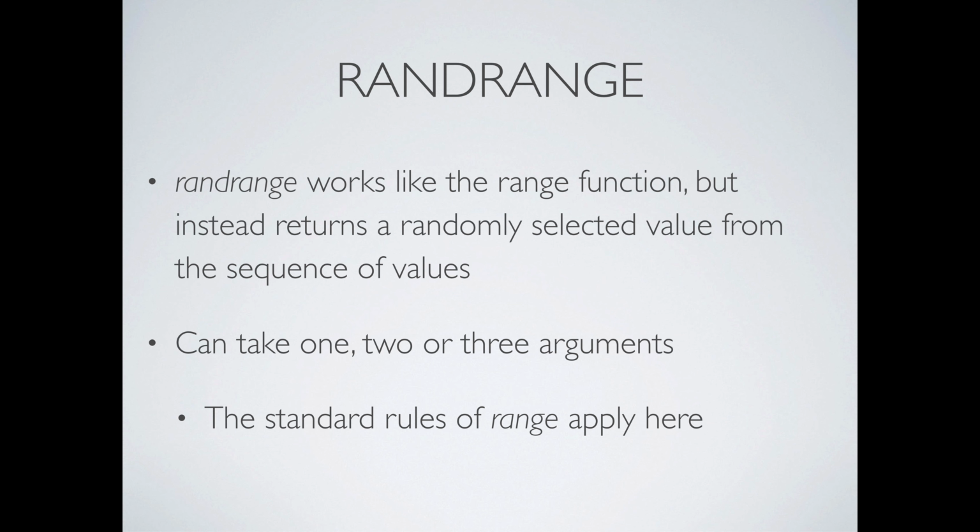Standard rules of range apply here, so it can take 1, 2, or 3 arguments, and the rule about the stopping number not being included does apply here, unlike randInt. So randRange basically does the range, but instead of going through each one of the numbers one at a time, it picks one of them at random.